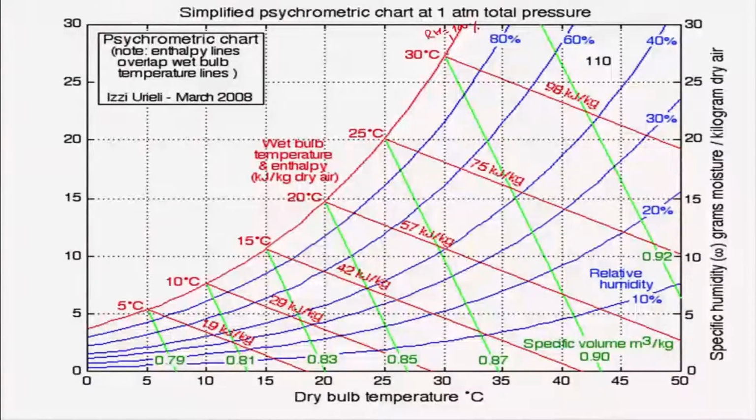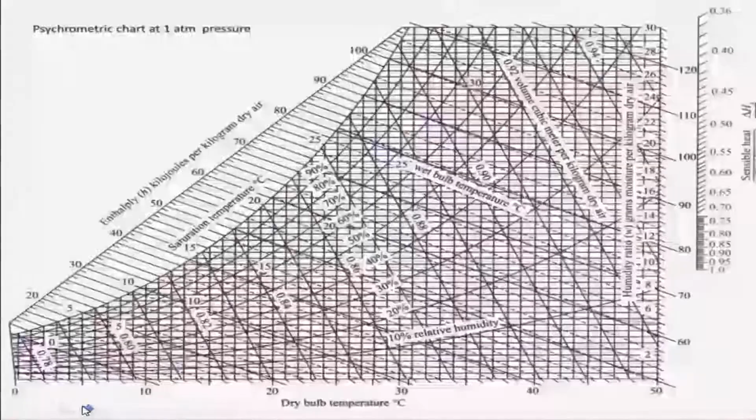These temperatures, 5 degrees Celsius, 10 degrees Celsius, 50 degrees Celsius, are the wet bulb temperatures. This looks very clean and clear, but the actual diagram is quite complex, I will show you that. Are you getting this? I have gone through it a little slowly so that you get a feel.